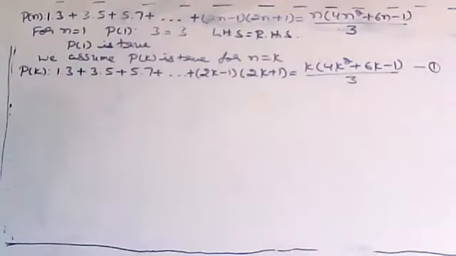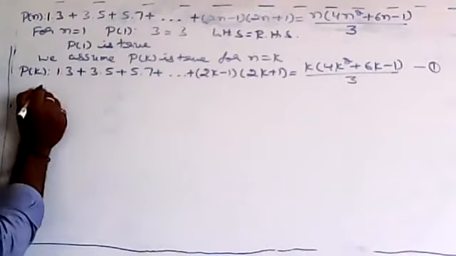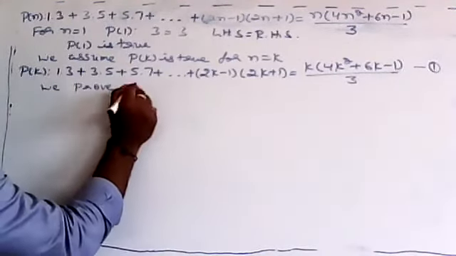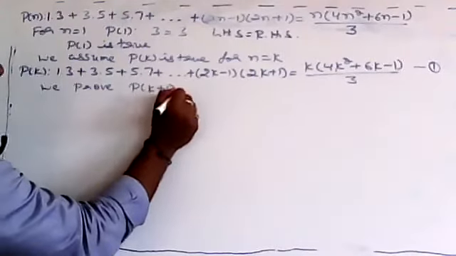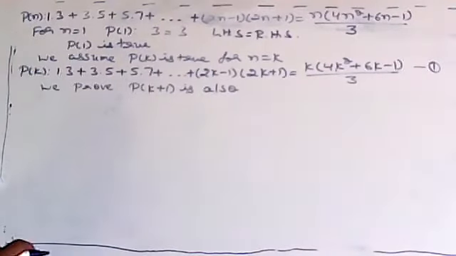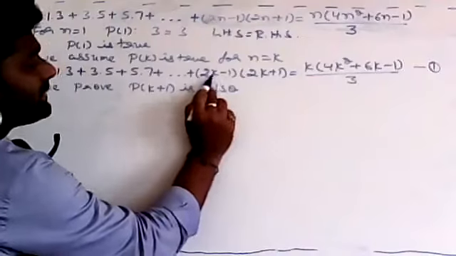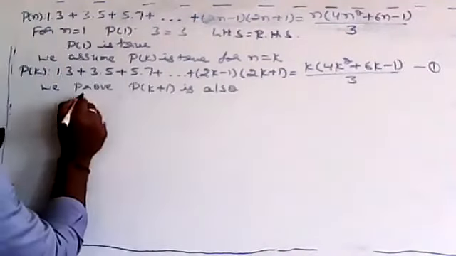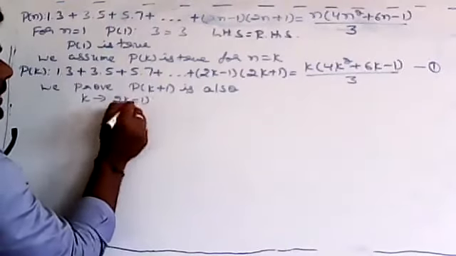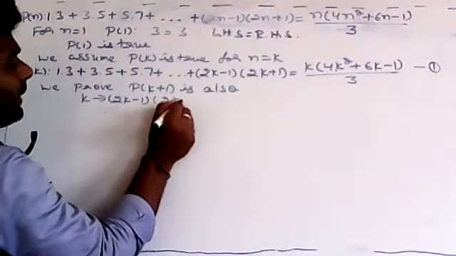Next, we have to prove that P of k plus 1 is also true. So we have to write the kth and k plus 1th term and add it. The kth term is 2k minus 1 into 2k plus 1.